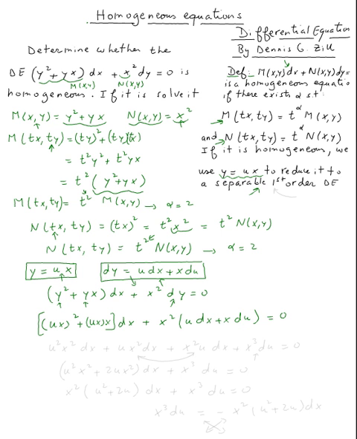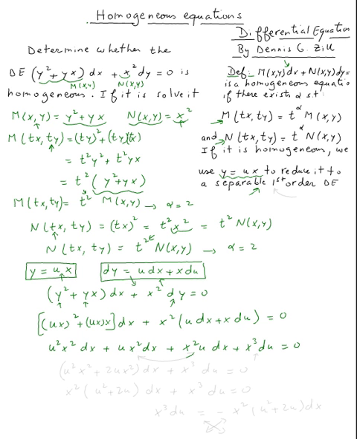Now all I need to do is distribute. If you distribute, this is u squared x squared dx plus ux times x is x squared u dx, plus x squared u dx, and distributing, x squared times x is x cubed du. Now what's next? Next we always factor the dx and the du and see if there's anything that we can cancel.